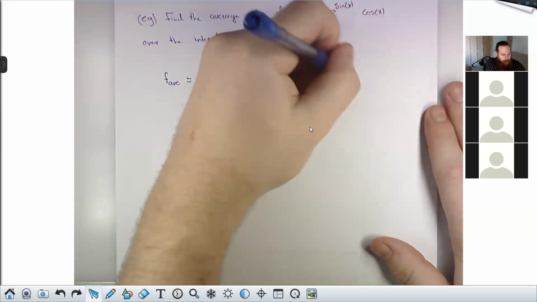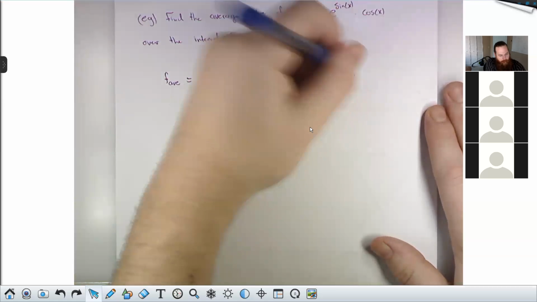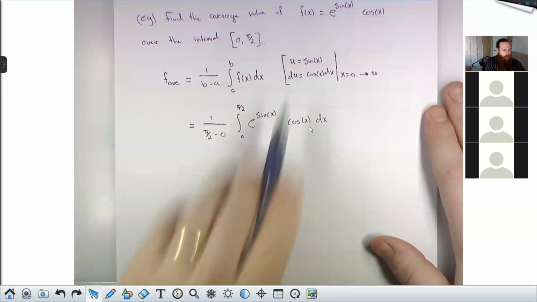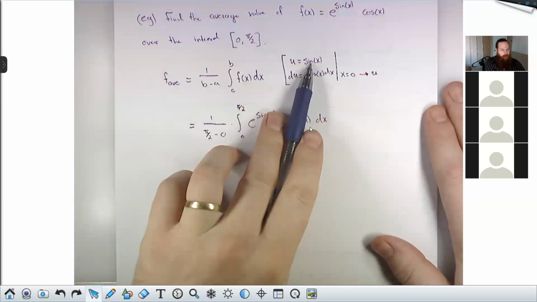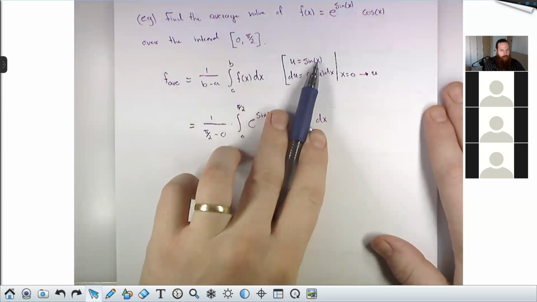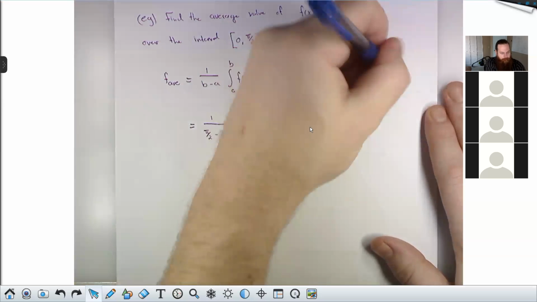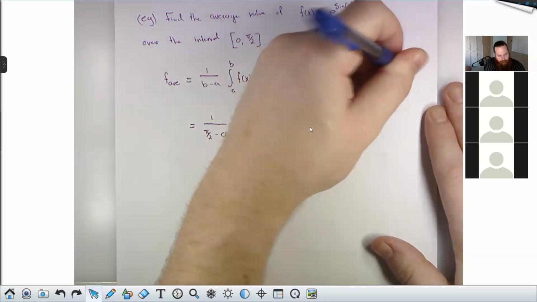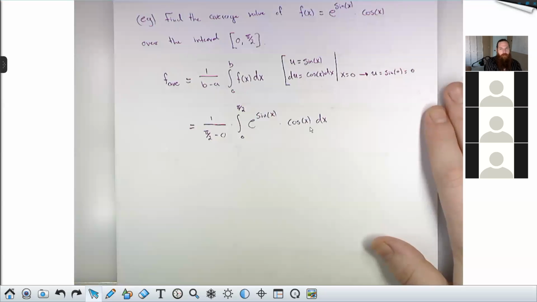So my old lower bound was x equals 0. When x is equal to 0, what is u? Well, u is the sine of x. So when x is 0, u is the sine of 0. The sine of 0 is 0. So my new lower bound is also 0.